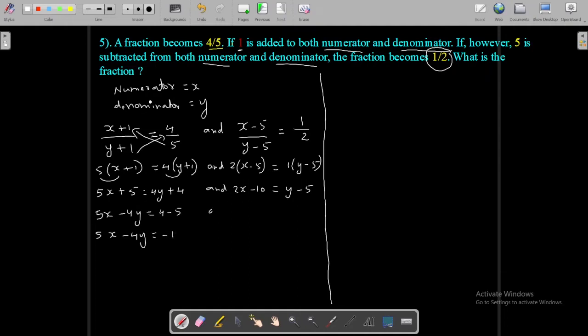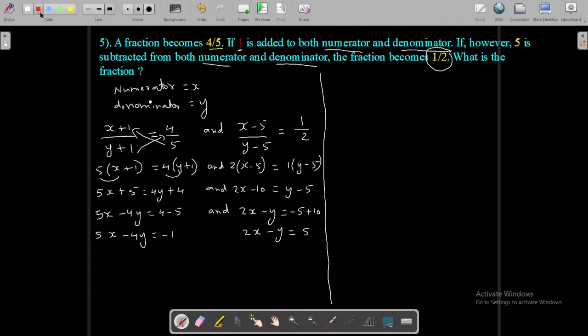Similarly, here I will get 2x minus y. Simply I am bringing this minus 10 to this side, so this minus 10 will become plus 10. So I will get the equation as 2x minus y is equal to 5.